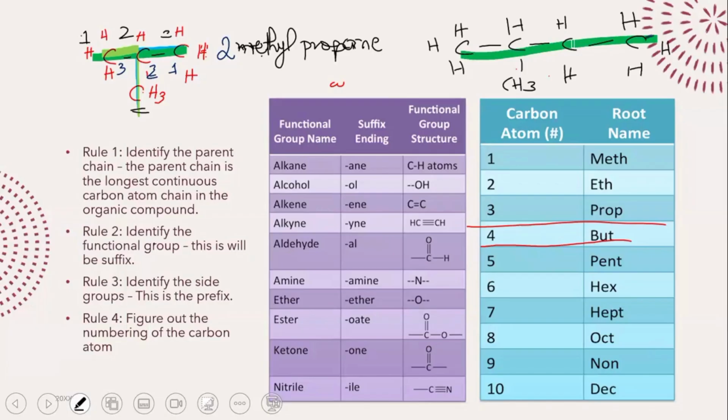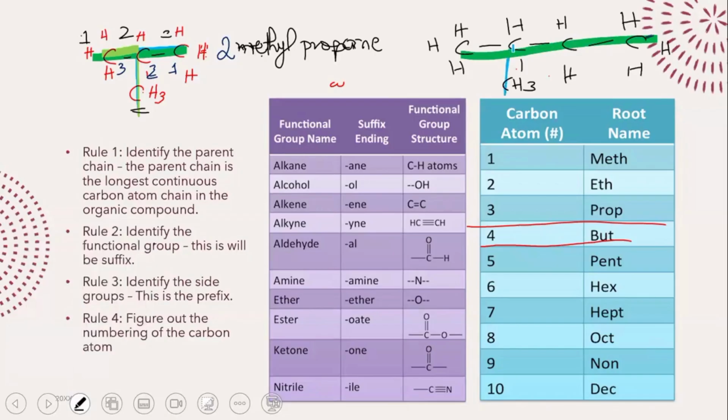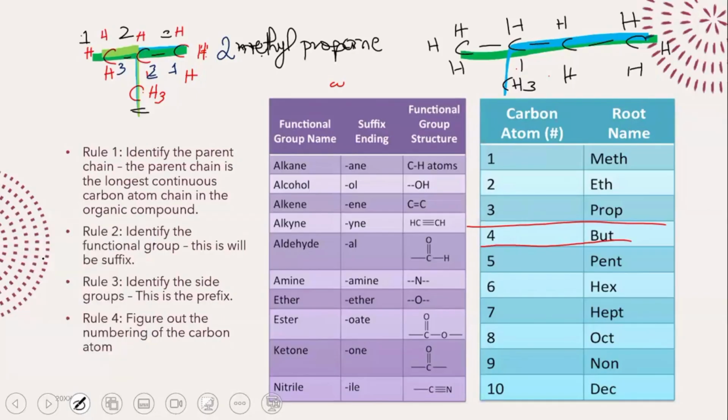It doesn't matter how you decide to draw the chain. You decide to draw it like this, it's still going to be 4 carbon atoms, right? The longest continuous chain that you can make will tell you the number of carbon atoms. So 4 carbon atoms means that we will be naming the compound as but-, right? So let's go ahead and consider that.